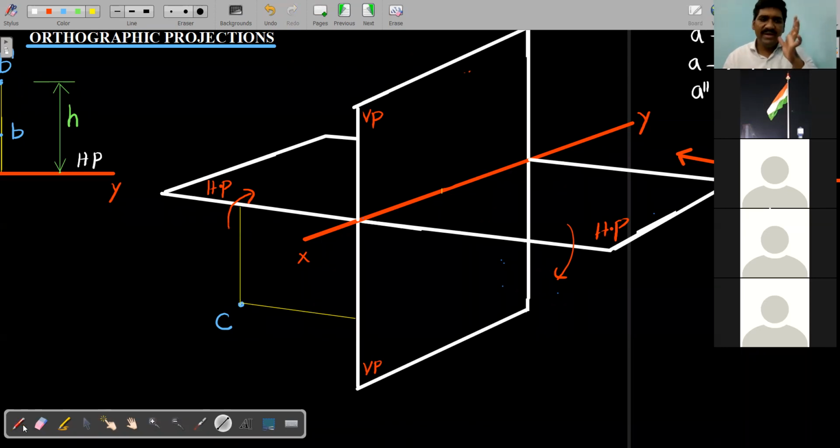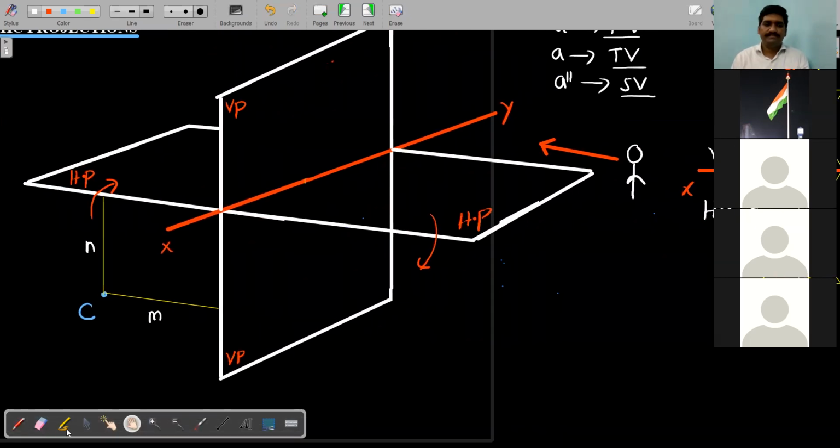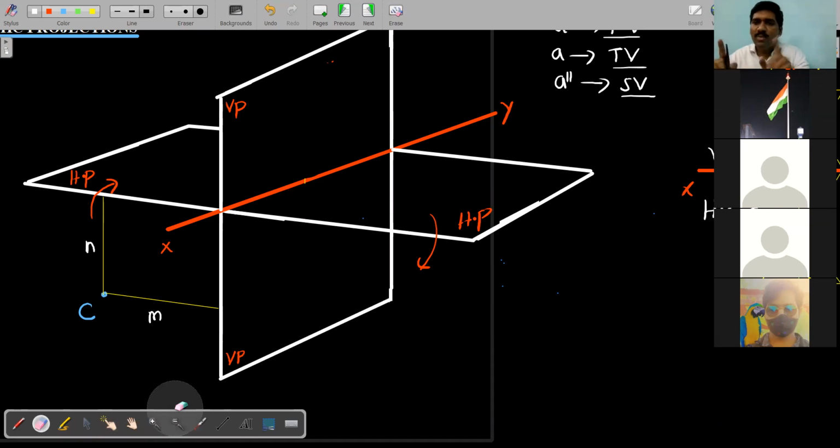Okay, now I am taking the distance as some m, some distance here. Now tell me all of you, how to draw the projection? Opposite to the C point, opposite to the body.